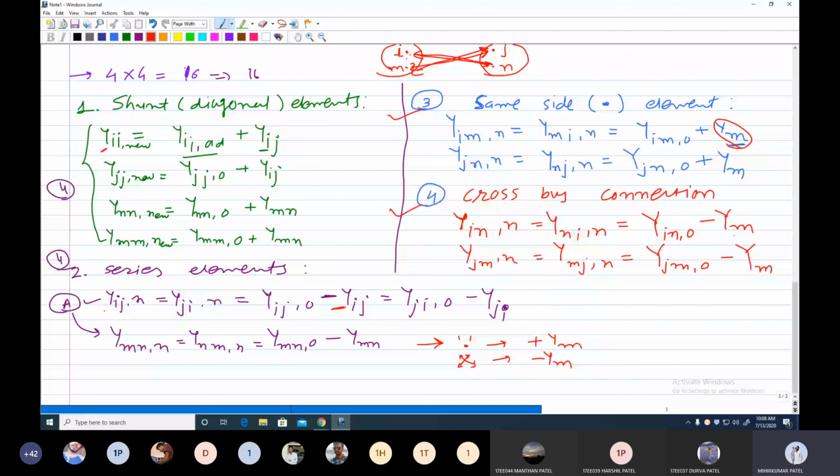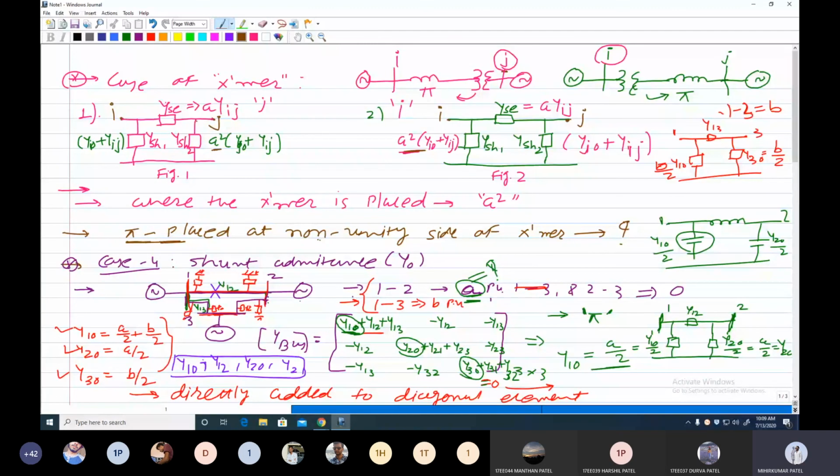Again, just let me recall what we have studied throughout this lecture. First, we have studied the case of transformer, where we have derived the conclusion that if the transformer is placed at the jth bus, then you will get the term A square in the jth term.